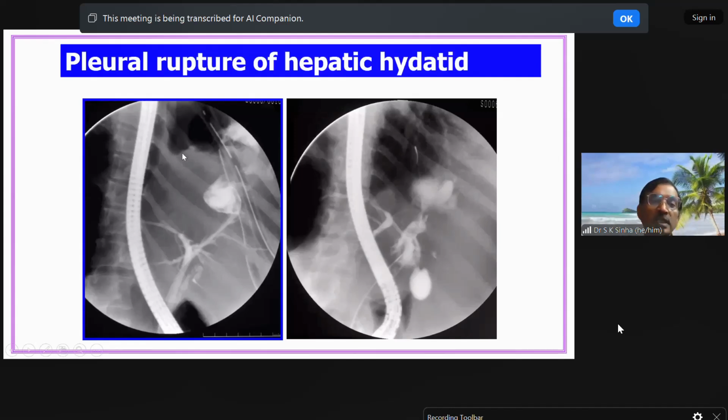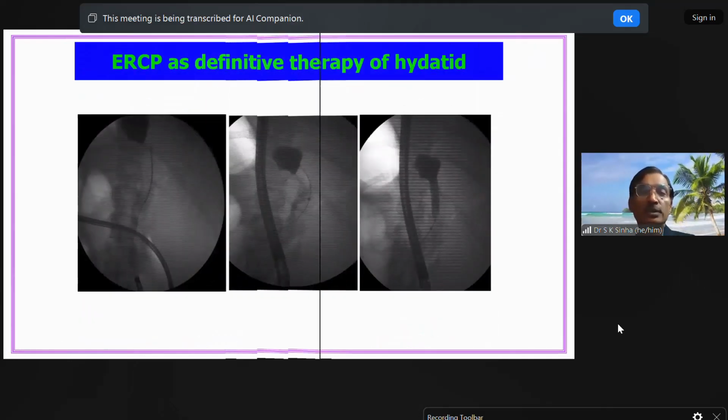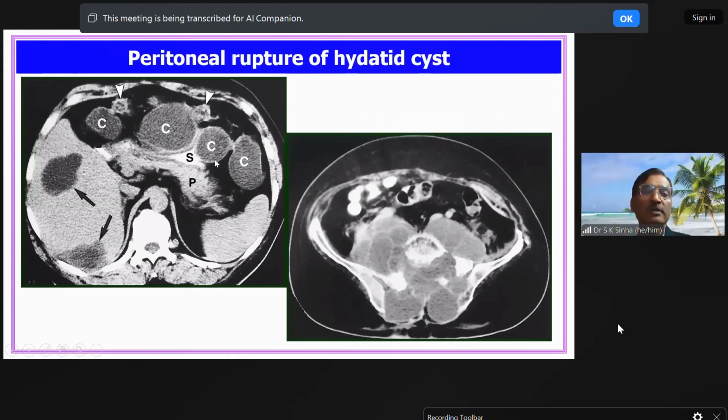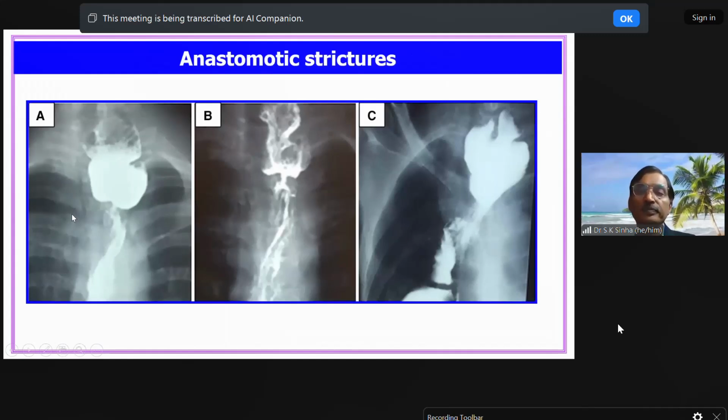So you can see this is the dome of the diaphragm, and it is going across the diaphragm and entering into the pleural space. And this is one particular odd case where you have peritoneal spillage and lots of hydatid cysts in the peritoneum. So multiple cysts in addition to the liver cyst, which we are seeing.